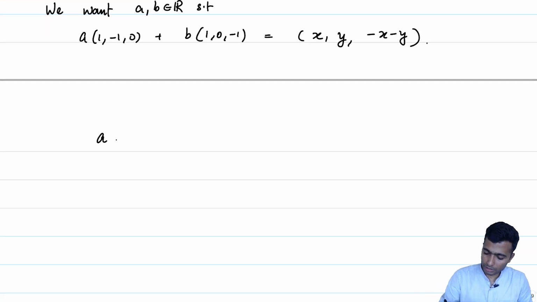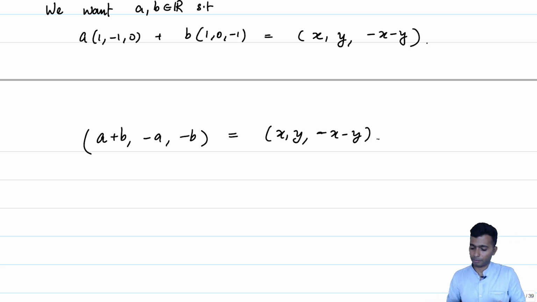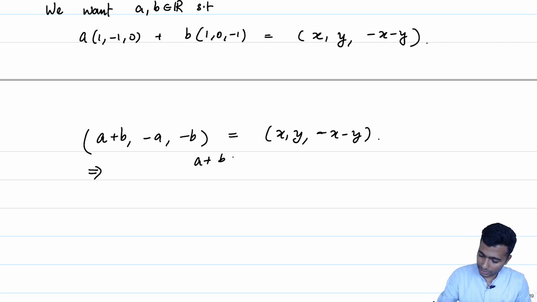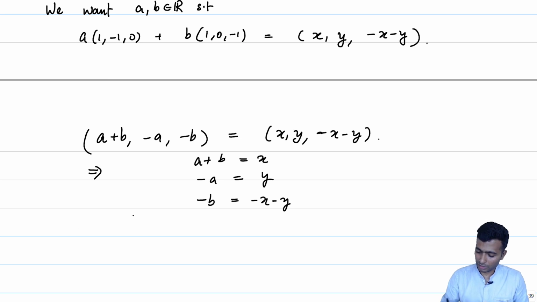But this is nothing but A plus B, minus A, minus B is equal to x, y, and minus x minus y. Maybe I should have picked a bit more carefully. This implies A plus B is equal to x, minus A is equal to y, minus B is equal to minus x minus y.